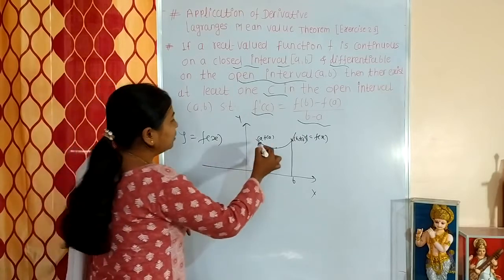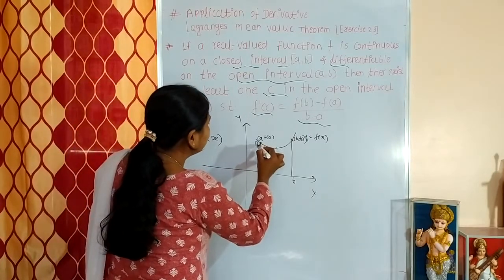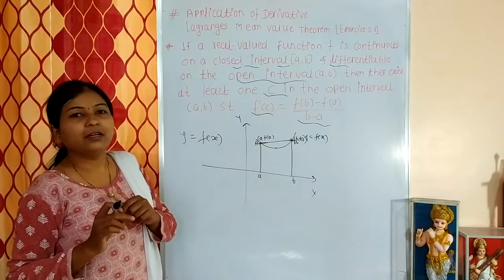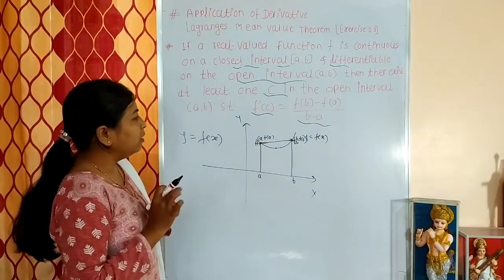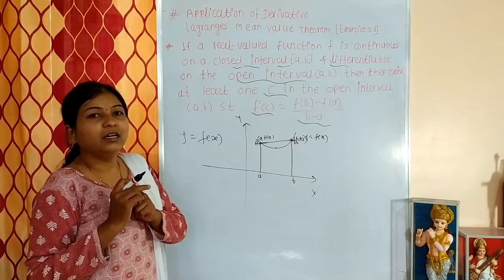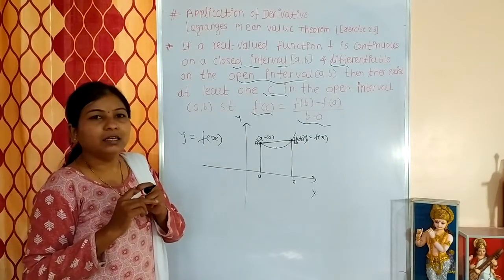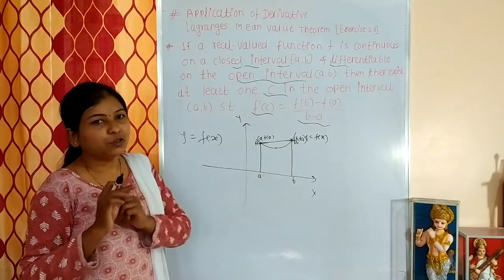Then if we join these two points, this is the point a and this is the point b, we get a chord AB. In eleventh standard we learned to find the slope in two point form, that is y2 minus y1 divided by x2 minus x1.